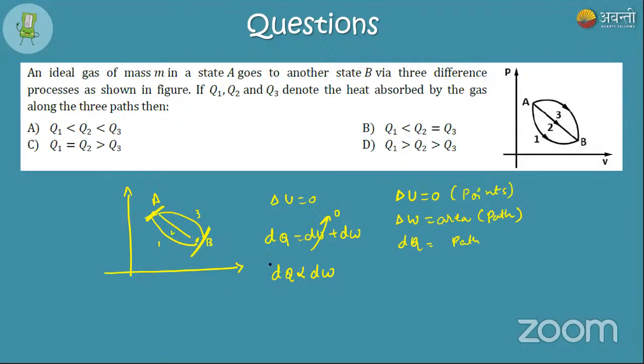So the area of 3 is greater than the area of 2, and the area of 2 is greater than the area of 1. Therefore work done in 3 is greater than 2, greater than 1, because work done is directly proportional to area and also directly proportional to dq. So Q3 will be greater than Q2, greater than Q1.